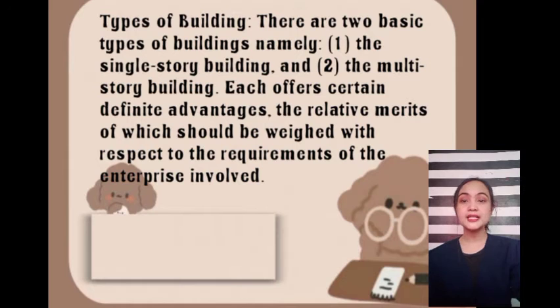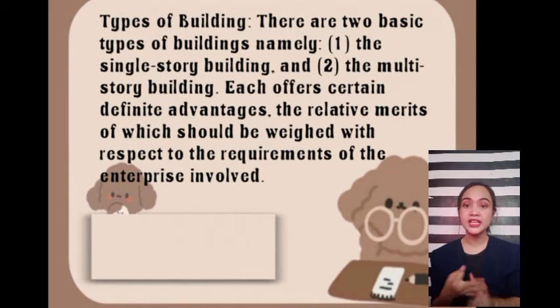Moving on to the next slide, we have here the types of building. There are two basic types of building, namely the single-story building and the multi-story building, and each offers certain definite advantages, the relative merits of which should be weighed with respect to the requirements of the enterprise. And those involve the advantages of single-story over multi-story.